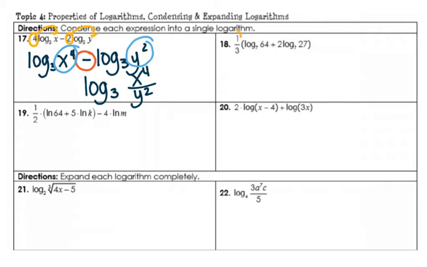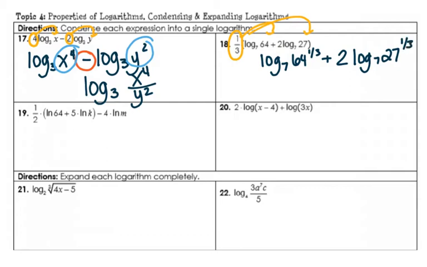Number 18, anytime you see a number in front of log, you're going to write that as an exponent. So notice this 1/3 is in front of a parentheses, so I have to distribute to everything in the parentheses. Alright, so let me write what we have so far. So log base 7, 64 to the 1/3 power, plus 2 log base 7, 27 to the 1/3 power.